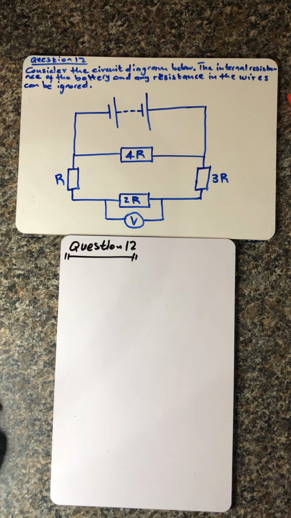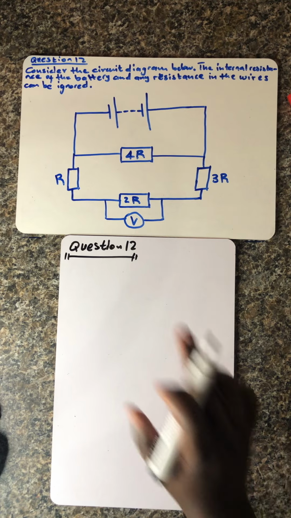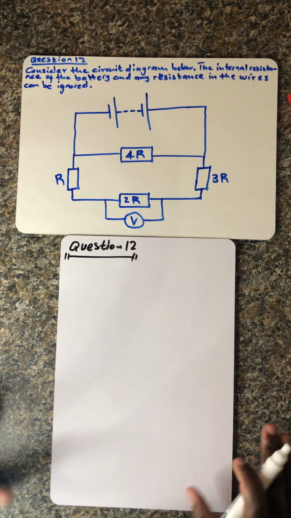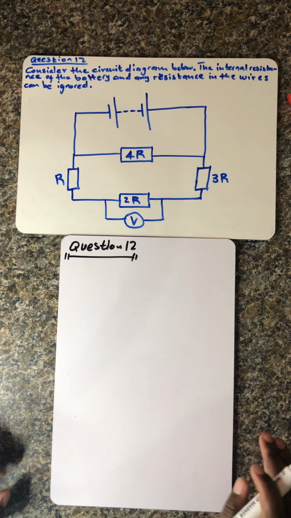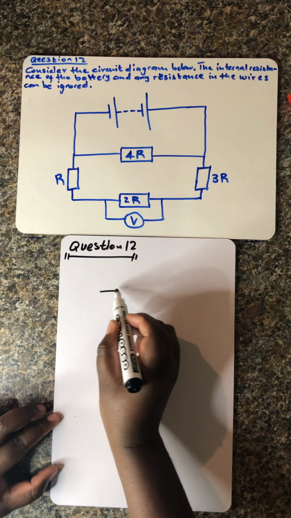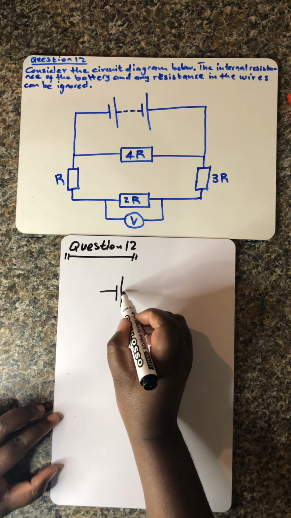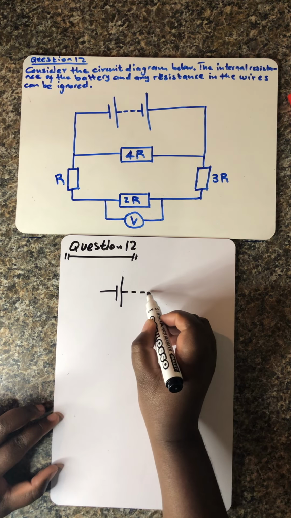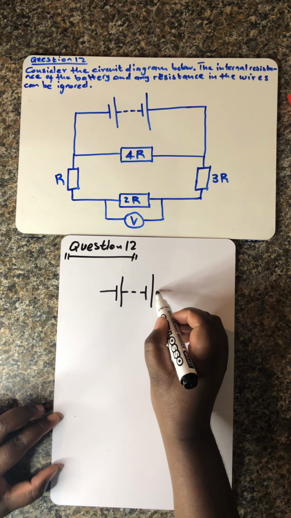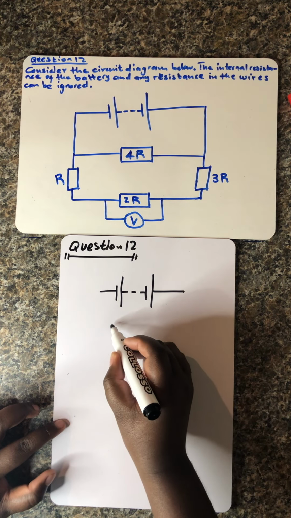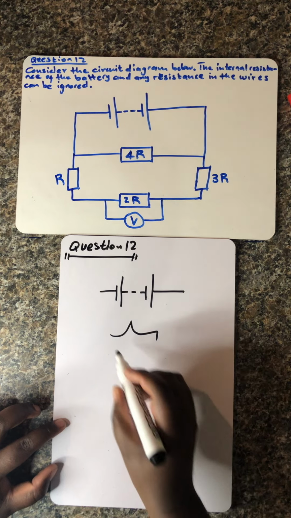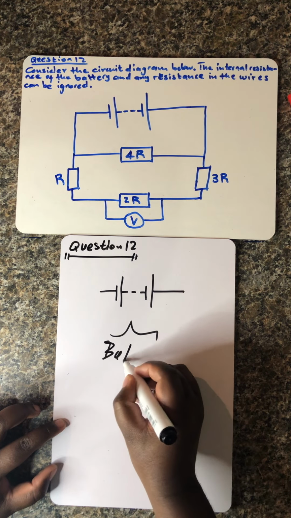Ladies and gentlemen, can I please just quickly try to redraw that circuit diagram in parts and explain exactly what's going on. Remember guys, the whole of this thing is called a battery.